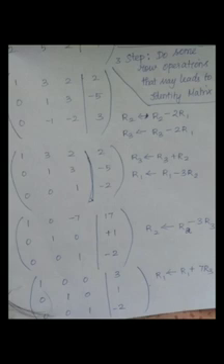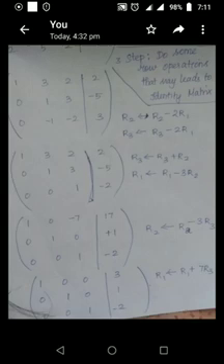Then we add R1 plus 7 times R3. We get minus 7 as 0 and 17 as 3, because 17 minus 2 into 7, which is 14, so 17 minus 14 is 3.